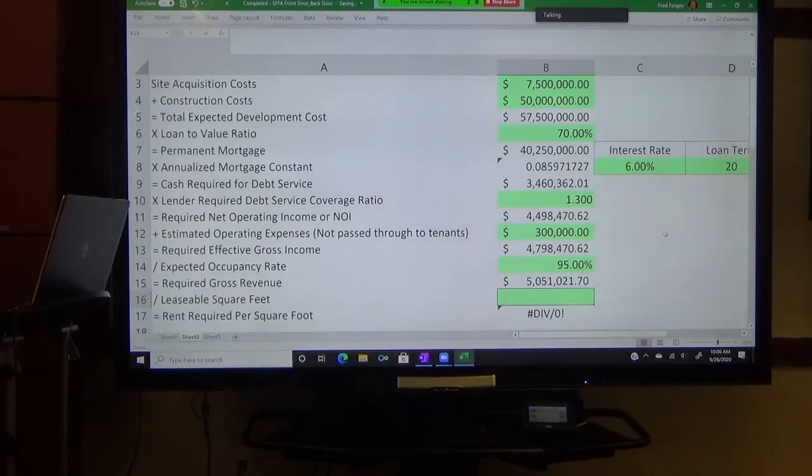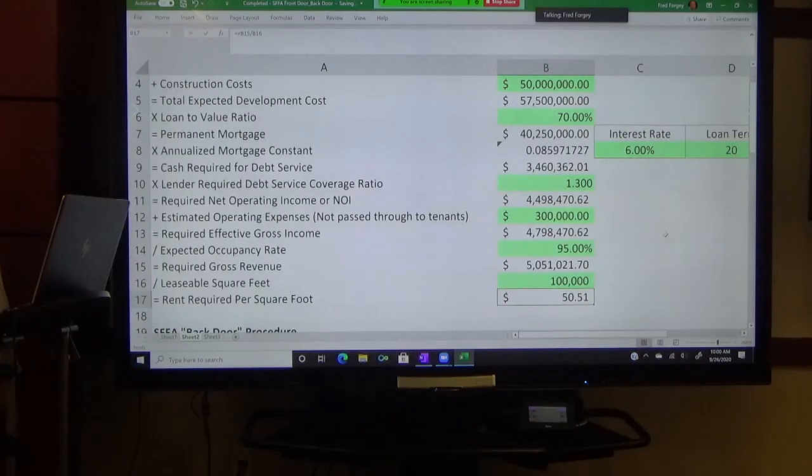Let's say 100,000 square feet. That's still a fairly high rent rate on an annual basis. So if we have that many square feet, then our required rent rate per square foot would be $50.51. Okay? Does everybody understand?